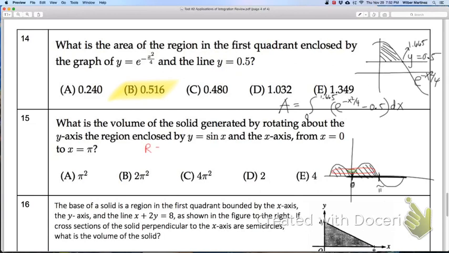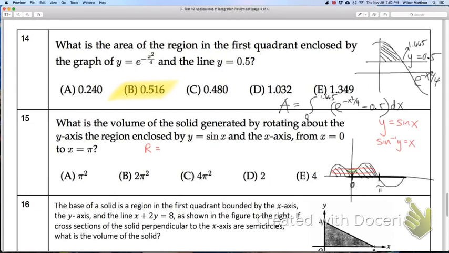My capital R is top function minus bottom function. So in this case, it's the sine curve minus 0. However, we cannot keep sine in terms of x since we are revolving around a vertical line. So in terms of y, if I solve for that, I get y equals sine of x. If I take the inverse sine of both sides, I get that sine inverse of y is equal to x.